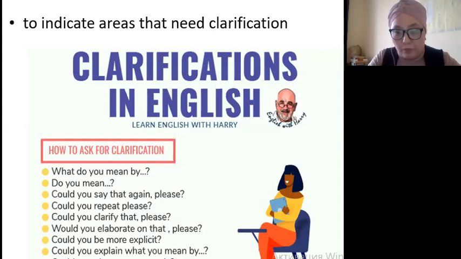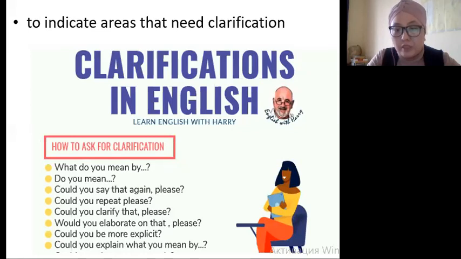The most used clarification questions sound like: What do you mean by this? Or do you mean, or could you say that again, or repeat it, please? Clarify that, please. Elaborate on that. Or could you be more explicit, or could you explain what you mean by. And this applies in several contexts, because using one word or one terminology sometimes has a context, so you would like to clarify it. Okay.